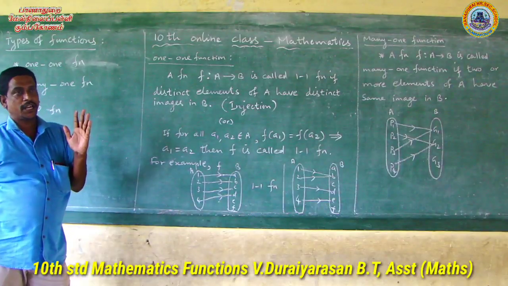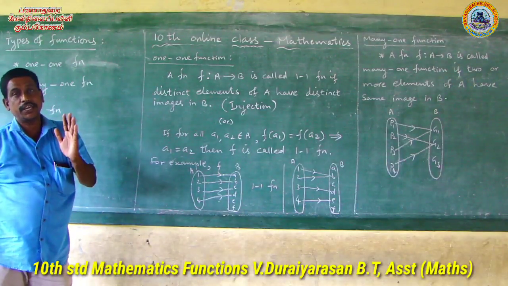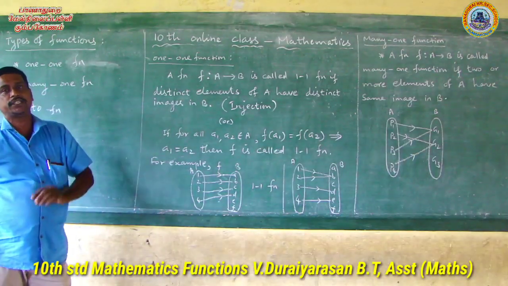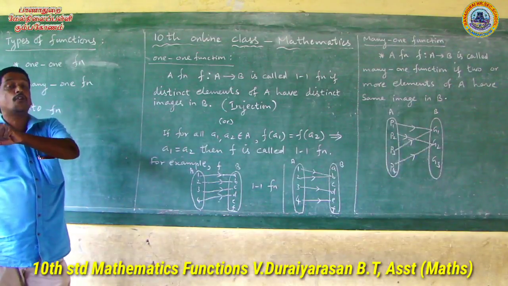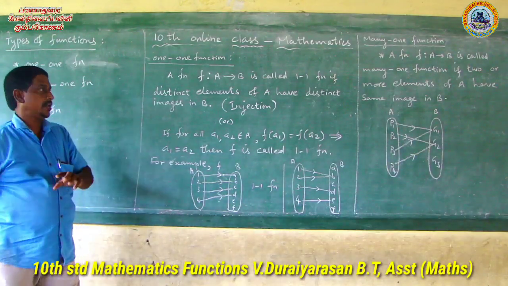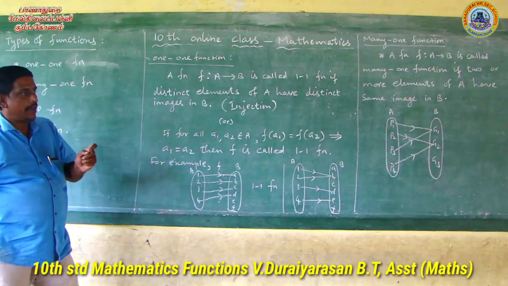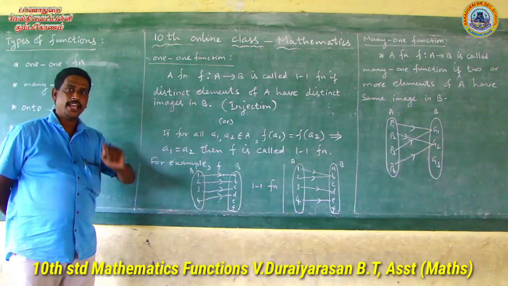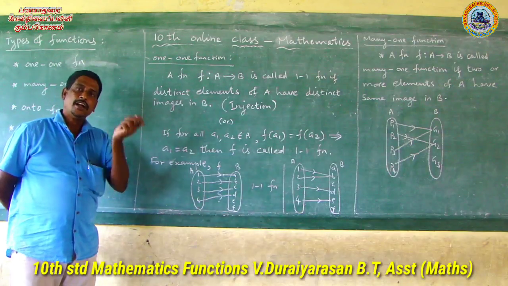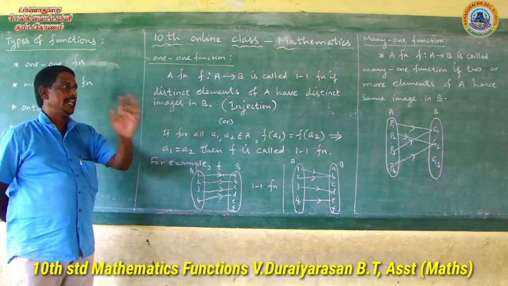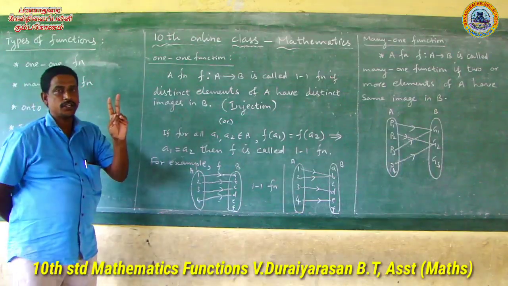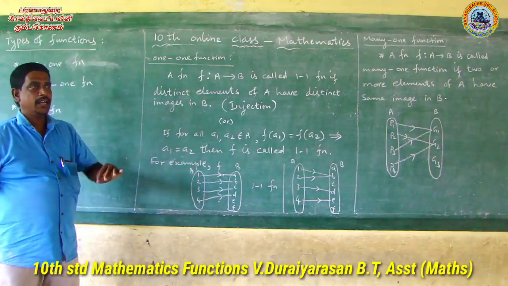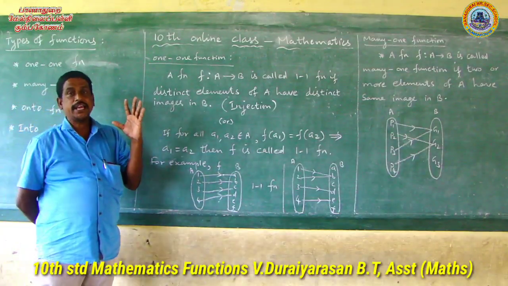Every element of domain A has a unique image in B, the codomain. Second, every element has a unique image. So the given statement satisfies the 2 conditions. First of all, it is a function.